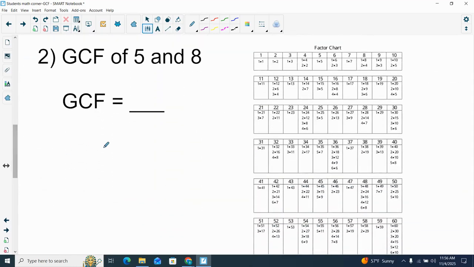Let's take a look at another one, 5 and 8. So I'm going to look in the 5 column. I'm going to look in the 8 column. So in the 5 column, I've got 1 times 5. Well, there's not a whole lot there. In the 8 column, I've got 1 times 8 and 2 times 4. Okay? So let's look in the 5 column. It has a 1, and the 8 column has a 1. So they both share a 1.